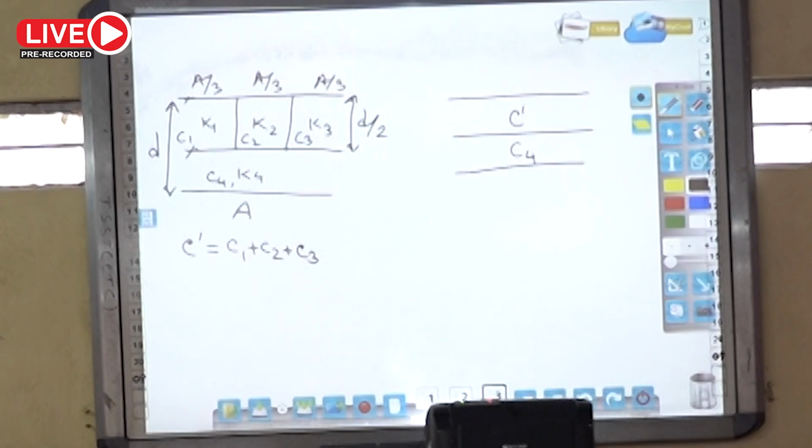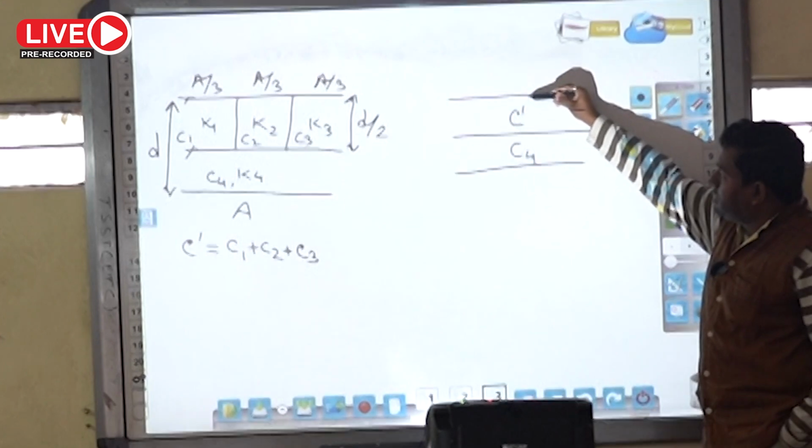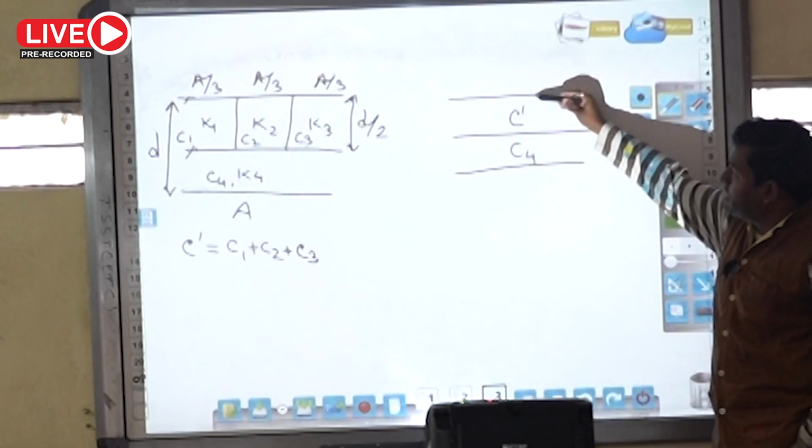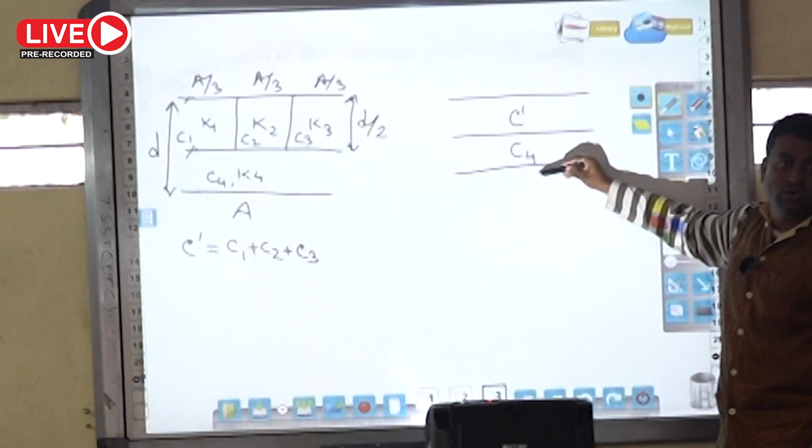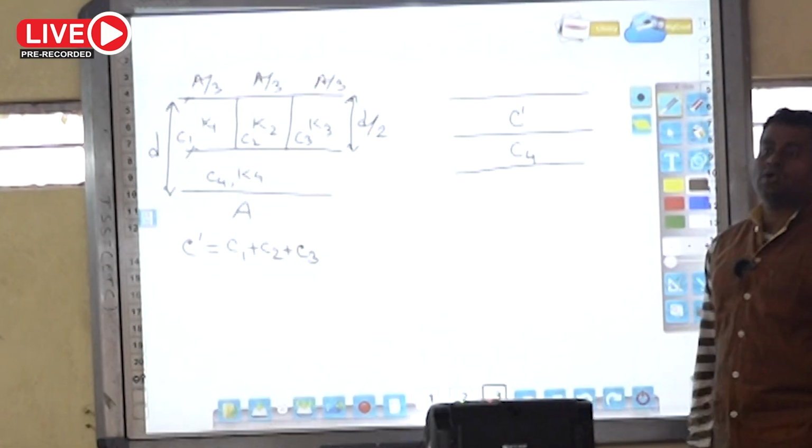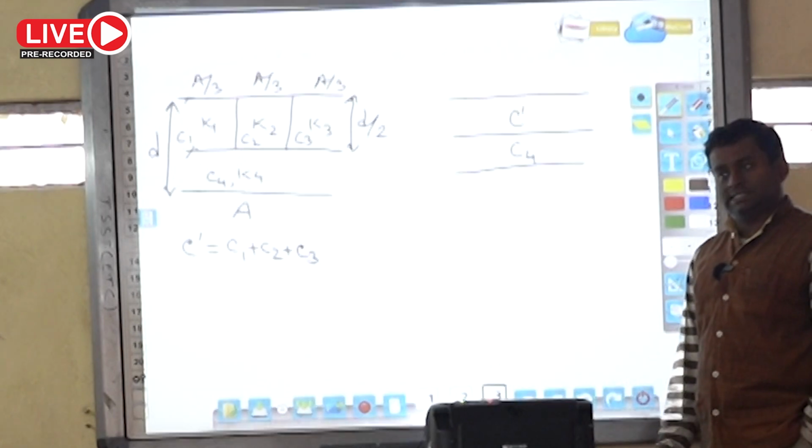And then we consider that C prime and C4 are connected in series, because from this potential, if charge goes to this, then same charge will flow through both of them. So now C prime and C4 are connected in series.